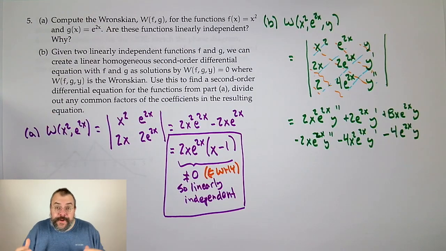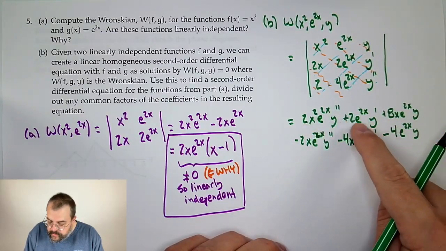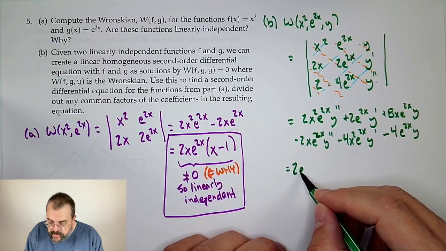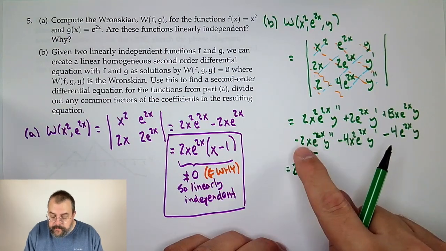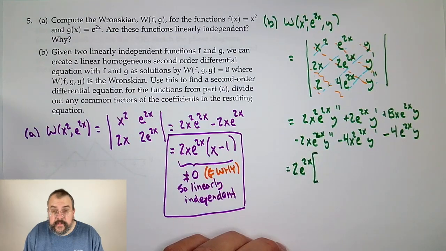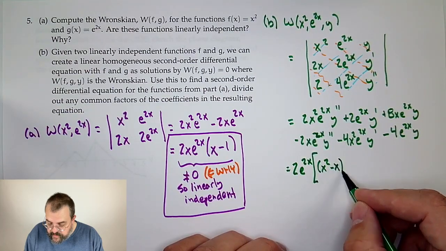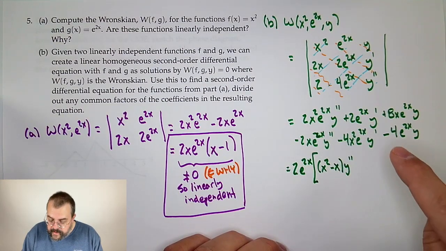So, we're most of the way there. We just clean it up a little bit. Everything has a 2. Everything has an e to the 2x. So let's factor that out. So we have 2e to the 2x. And now, what do we have? With y double prime, we have x squared, and then we have minus x. So we'll have x squared minus x, and that'll be y double prime. How about y prime?